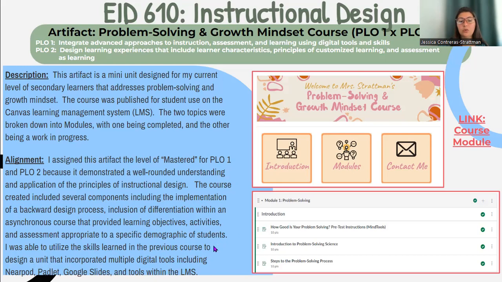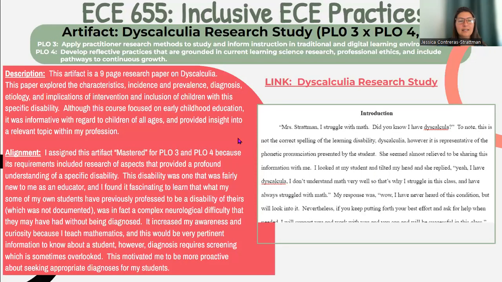There were a lot of digital tools, including Nearpod, Padlet, Google Slides, some Khan Academy, and then it all went into a mini course on Canvas, which was my learning management system. So if you'd like to take a look at it, there's a link here again, and we'll move on to the next slide, which was my first early childhood education course.